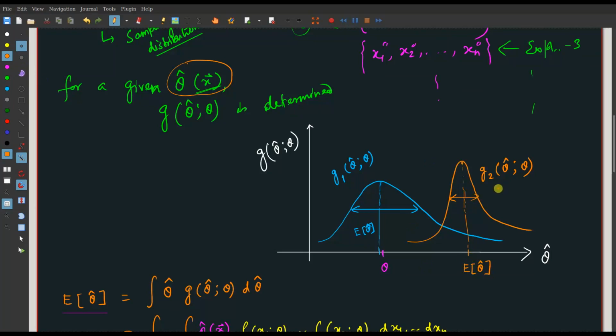The width of the sampling distribution I will call the statistical uncertainty of the estimator. I will denote this by sigma theta hat.